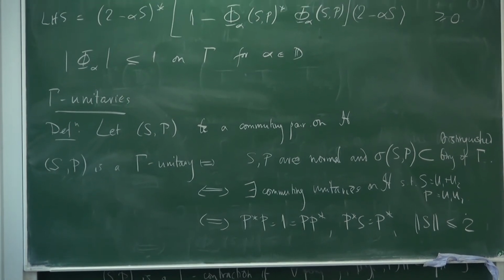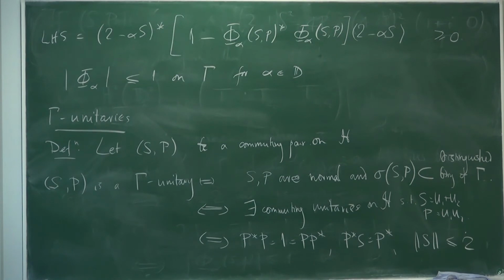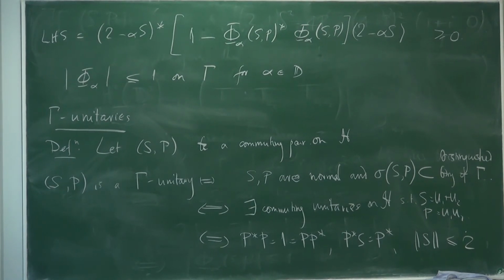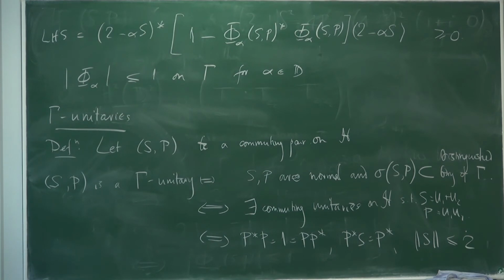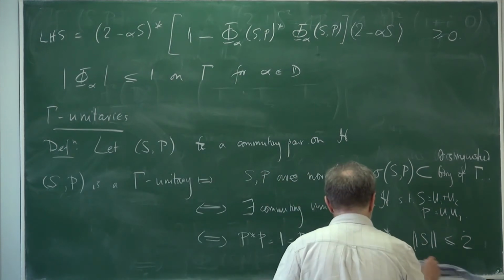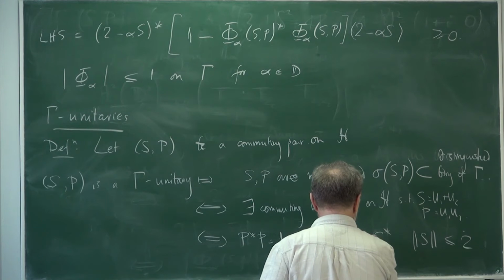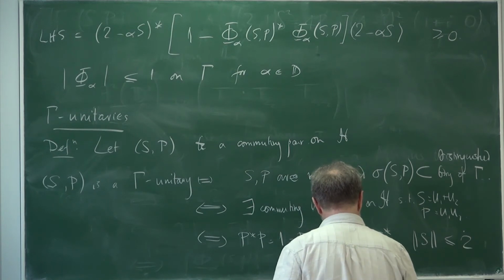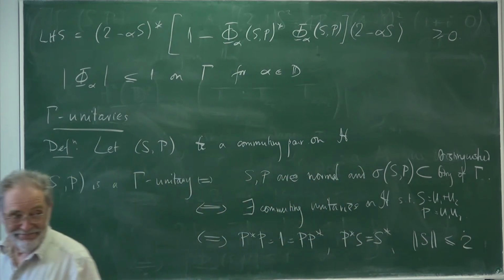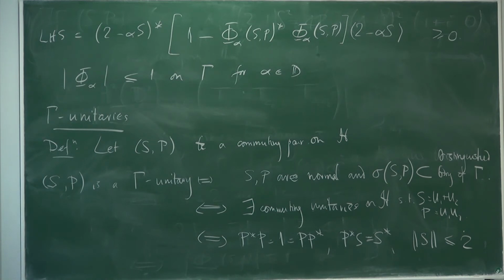So that's a gamma unitary. It looks very strange, P star S equal to P star, because it's not full. Sorry, yeah, thank you. S star. Change the sum. Yeah.